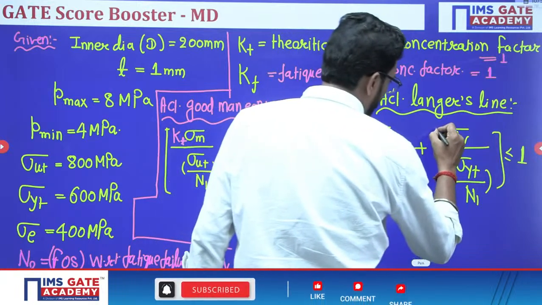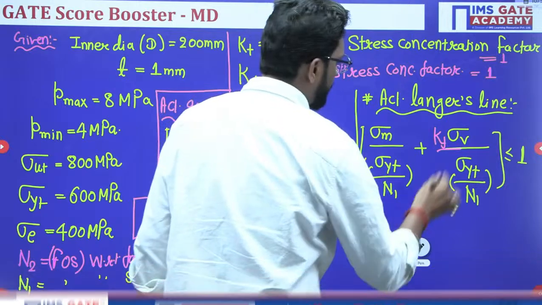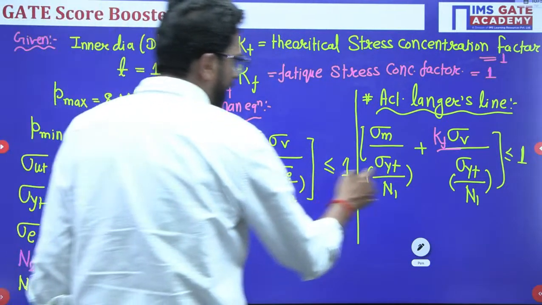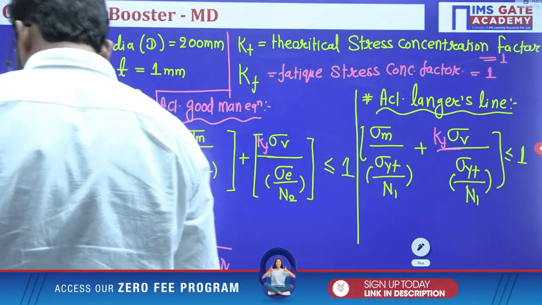Here we have to write Kf. So this is the actual Langer line. First we find the factor of safety according to this one, then find the factor of safety according to the other one.